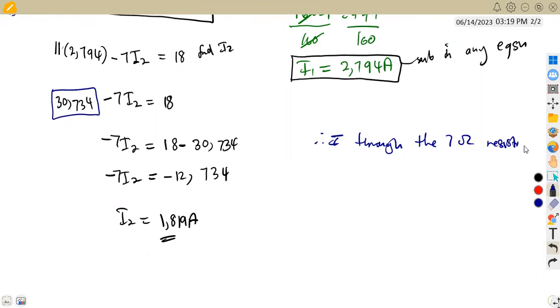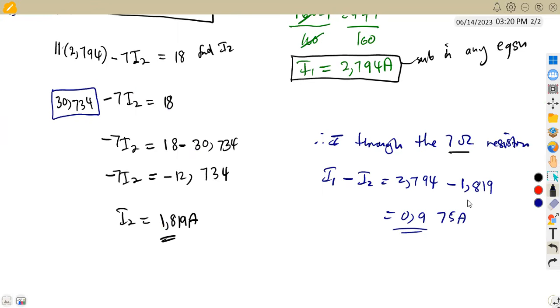The current through the 7 ohm resistor is given as I1 minus I2, as we are given on the diagram. So you're just going to subtract I1, which is 2.794, minus I2, which is 1.819. This is going to give us 0.975 amps. That is the current flowing through the 7 ohm resistor.